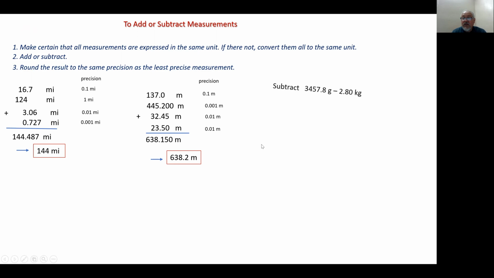Now let's go for a subtraction. What do we have right here? We're subtracting grams minus this amount of kilograms. Again, we need to convert these terms or measurements to the same units when we are adding and subtracting. Imagine that we want to convert kilograms into grams.